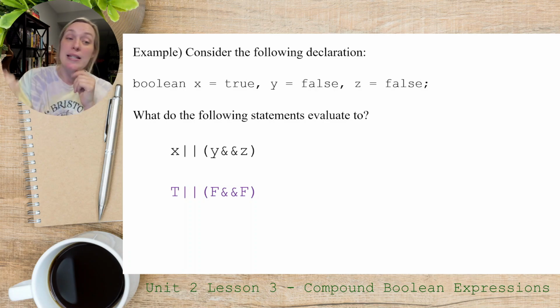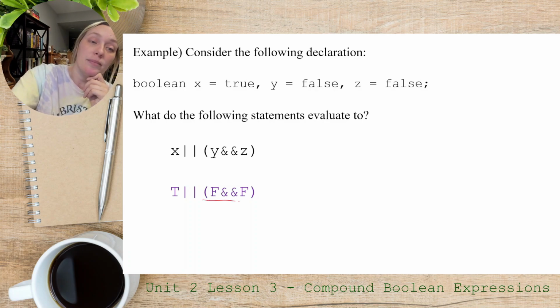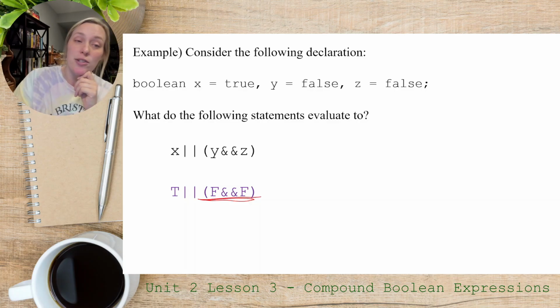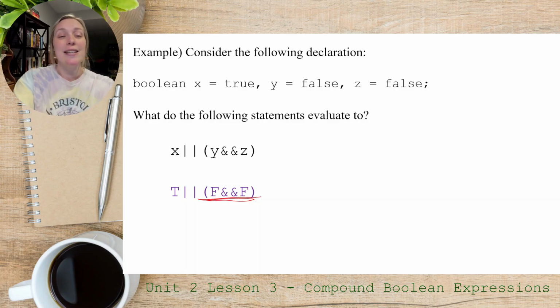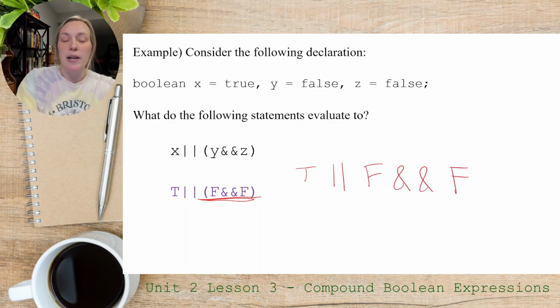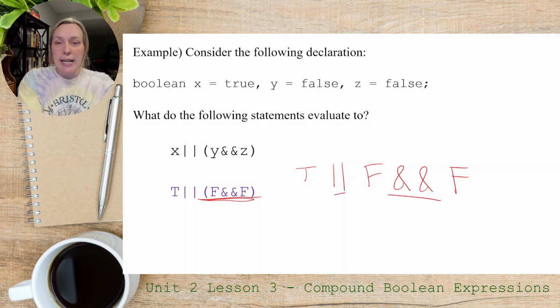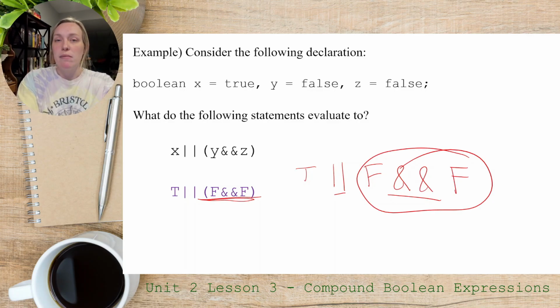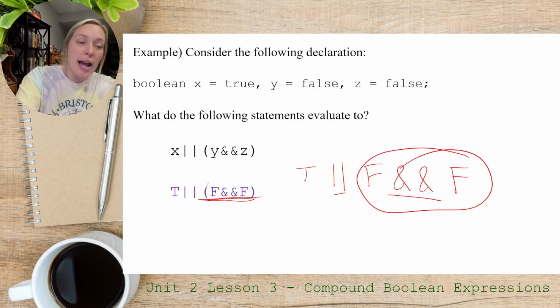Okay? Because now I would evaluate this first. And in fact, this is a good example of if you had this, or an and, the and already gets evaluated first, whether there's parentheses or not. But here I have parentheses, and it just helps.